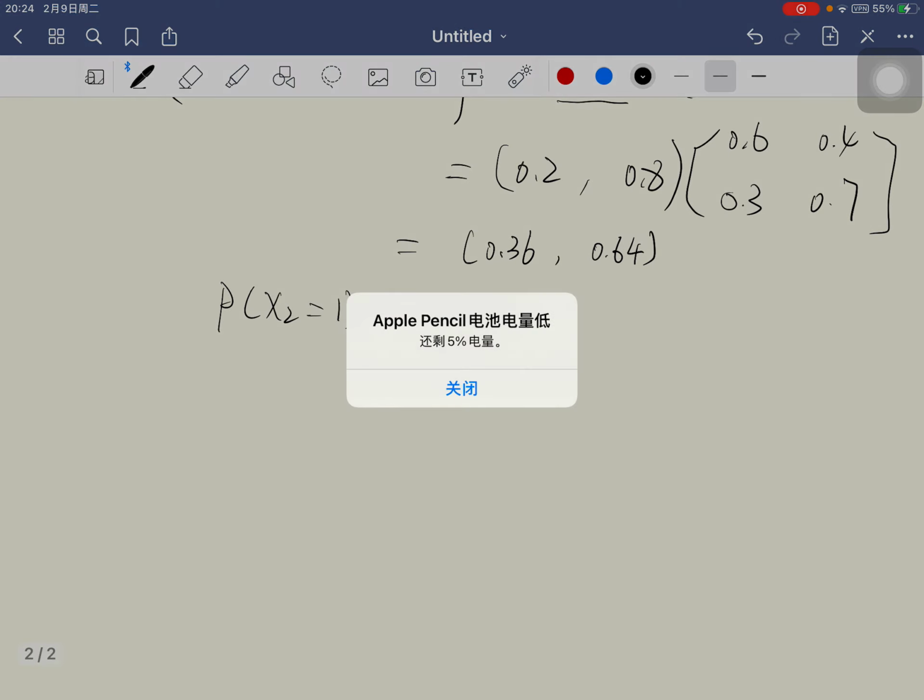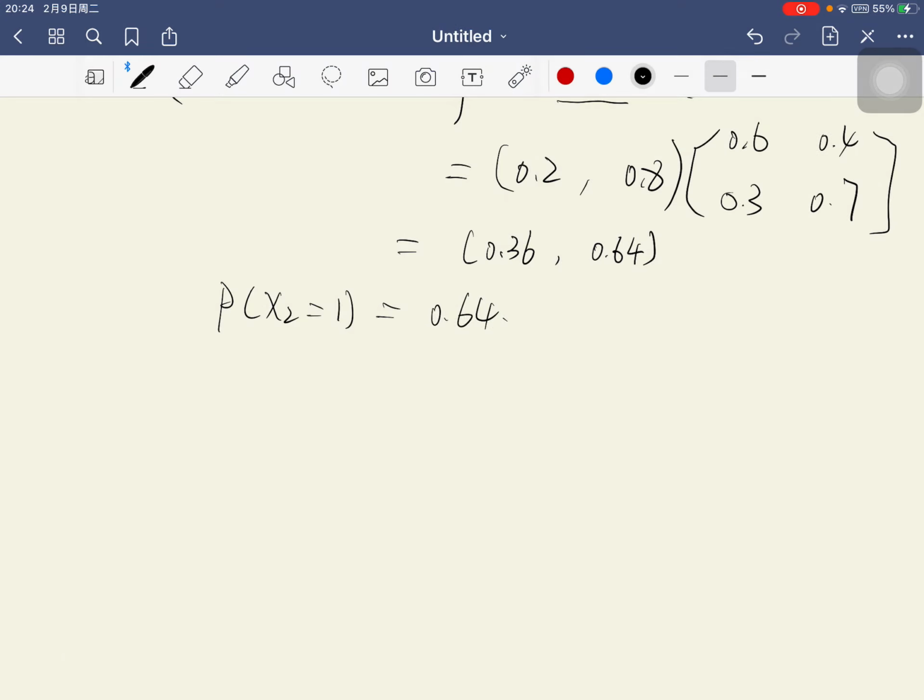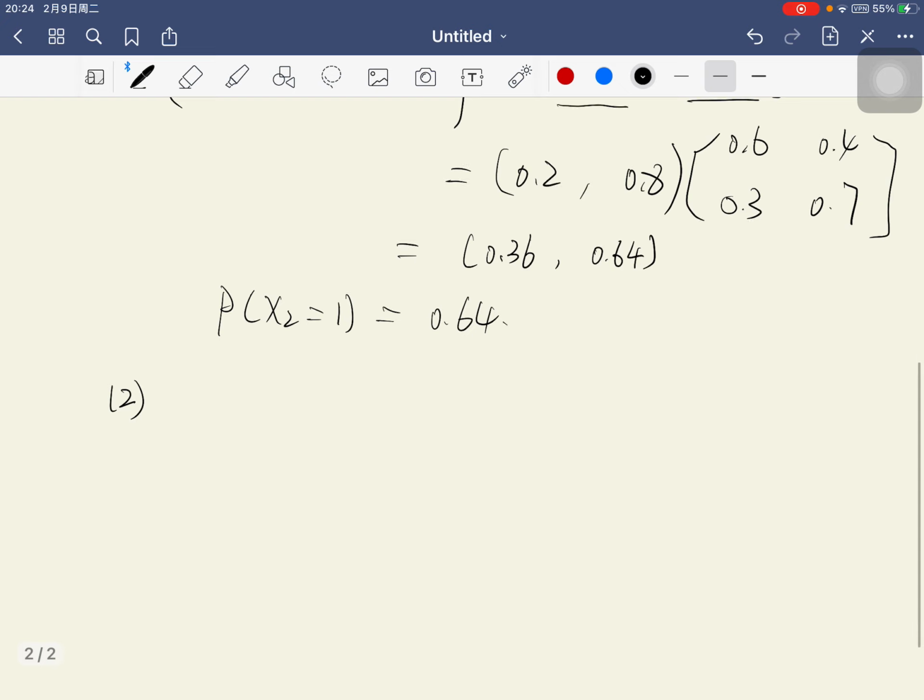For question 2, we want to find the probability of x3 equals 1. We can use the same method.